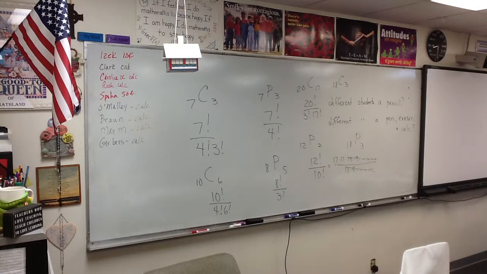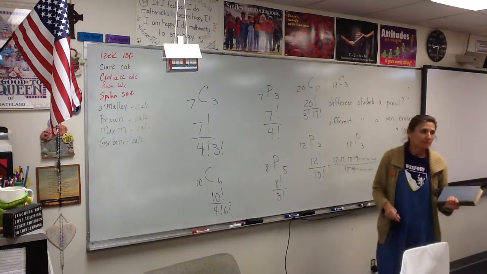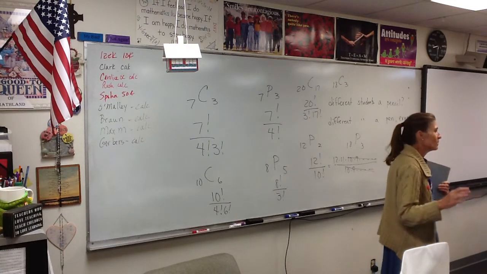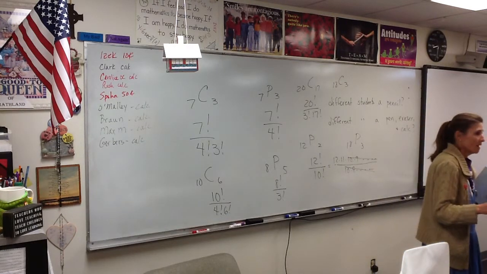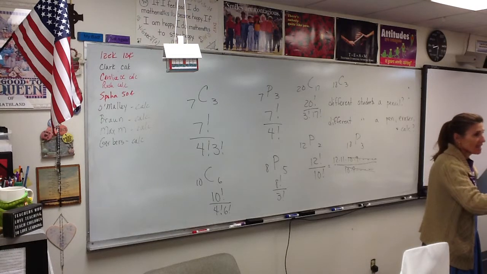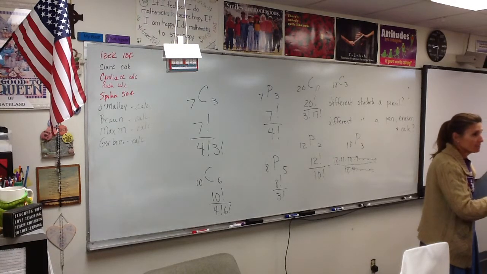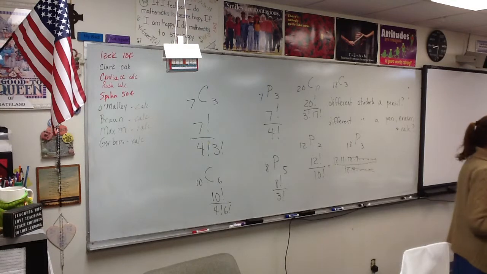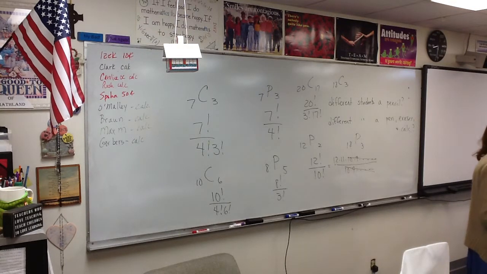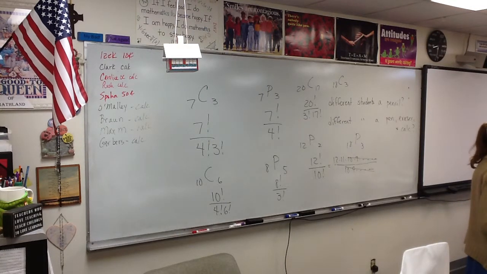Not probability yet. But I want to show you something. Walter's cleaning out his stuff, and he had some old math books that he gave me. And you guys really have no appreciation of what it was like to take this class back when he and I took it. We had to buy this book. I have one at home too.